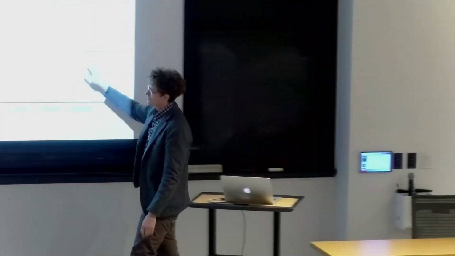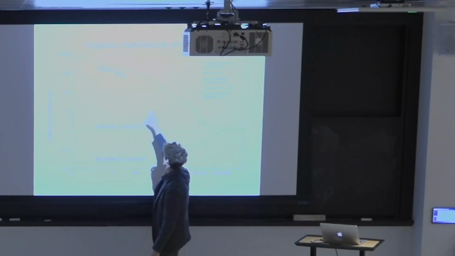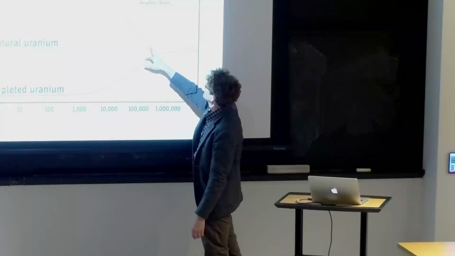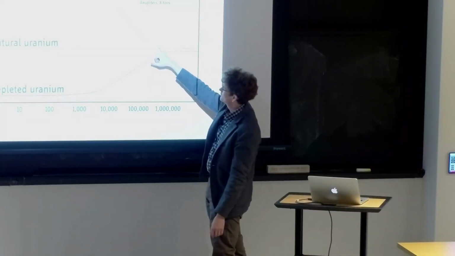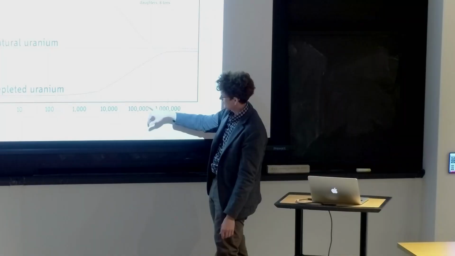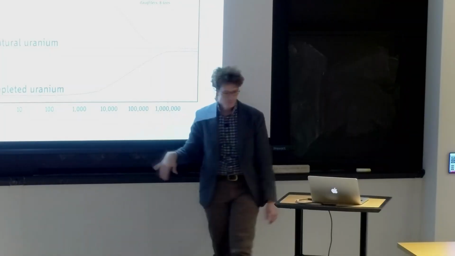This is all normalized on natural uranium, and here's the spent fuel, and you'll see that eventually it does get down here. This is all elements of the fuel cycle, and this is just the fuel itself in dotted green. So eventually it does get down here after something like 250,000 years.